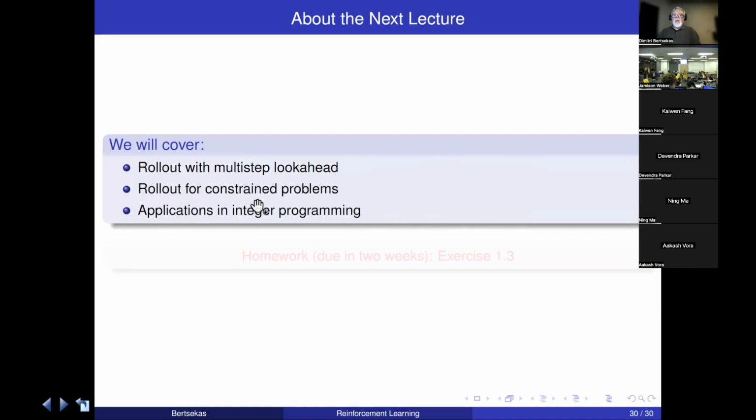Then there is a modification of the rollout algorithm dealing with this type of problem. And this kind of modification also has a lot of applications in integer programming and problems that people in industrial engineering and operations research worry about. We're going to look at some problems like that in the context of constrained rollout.